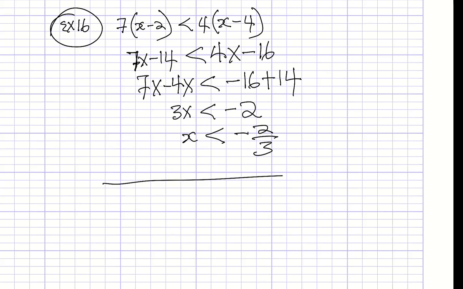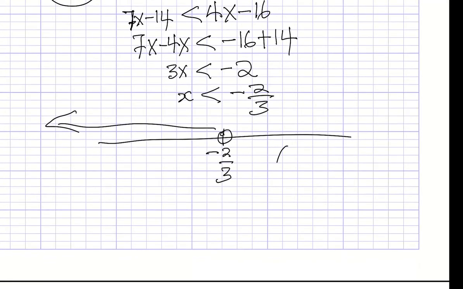We'll draw it. Okay, so this is negative 2 over 3 right there. It says it's less than. It's not included, so it goes that way. Because x is less than, okay? And then the interval is like that.